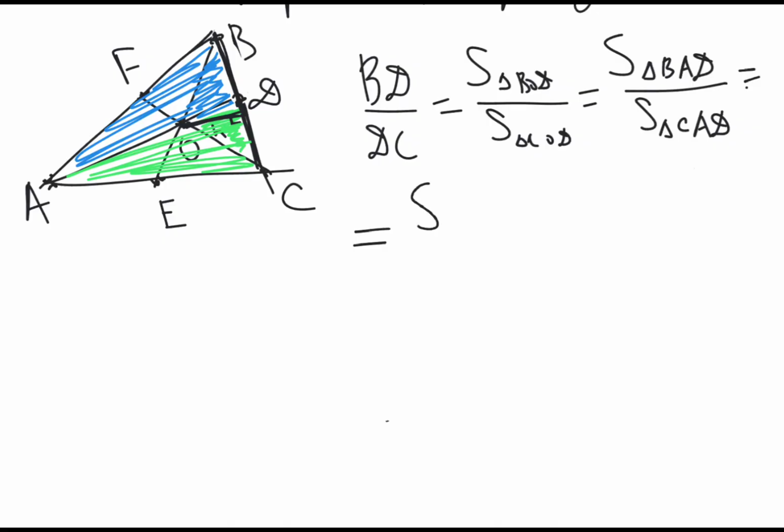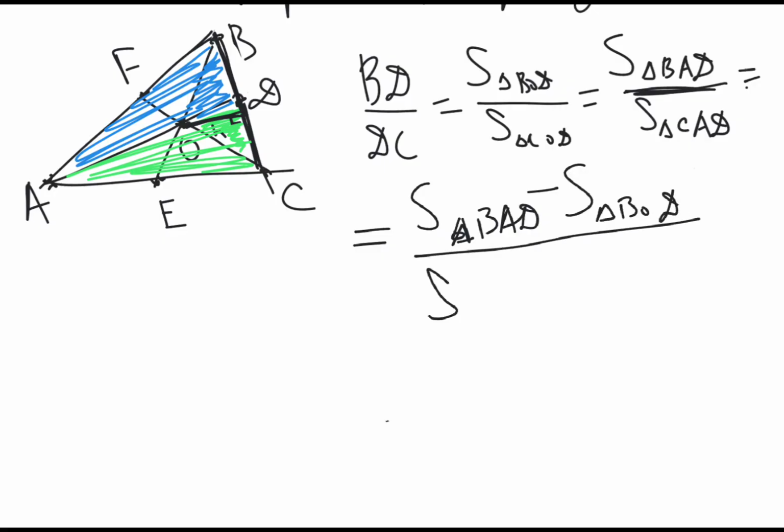So the numerator of the second fraction minus the numerator of the first fraction: the area of the triangle BAD minus the area of the triangle BOD, over the area of the triangle CAD minus the area of the triangle COD.